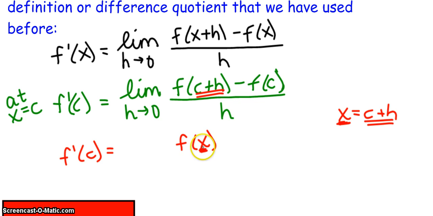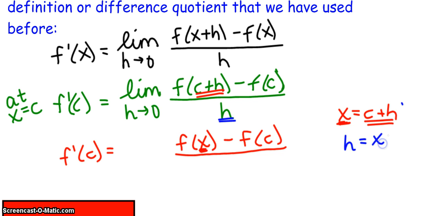Okay, so that's all I did there. Then, this is going to be minus f of c, no big deal, over, now I need a way to replace this h in my denominator. Well, using this relationship over here, if I get h by itself, h is equal to x minus c. So this h can be replaced with x minus c.